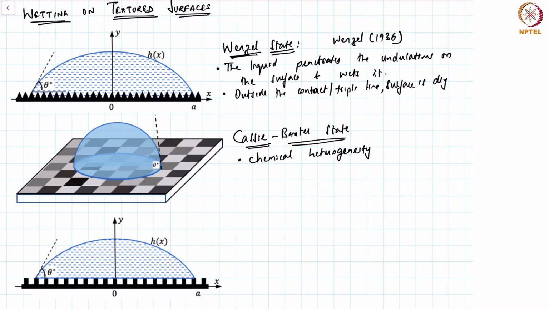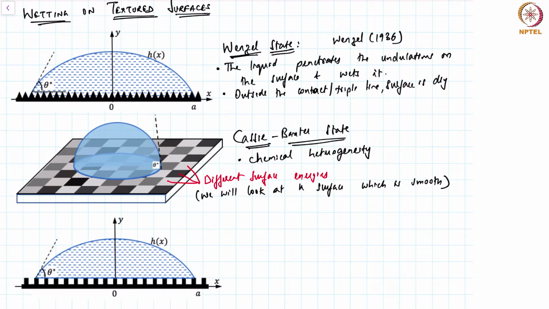So each of these little squares that I'm showing are of different surface energies. Now we will do the analysis for a surface that is smooth.